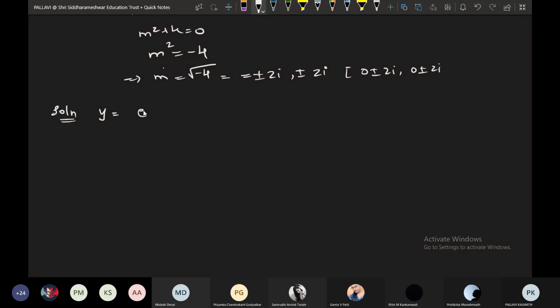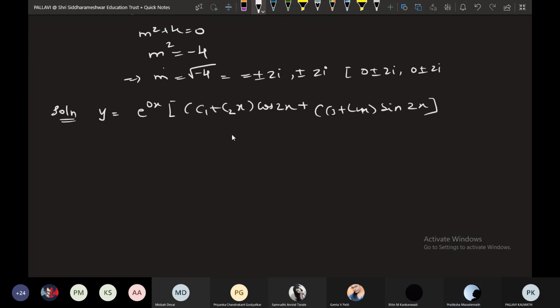So the real part is 0x. Into c1 plus c2 x into cos 2x plus c3 plus c4 x into sin 2x.